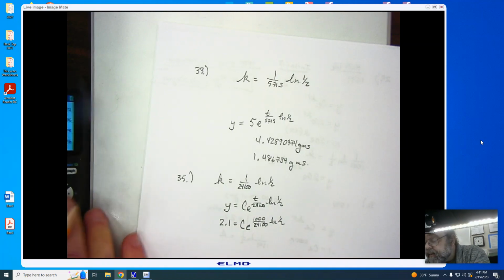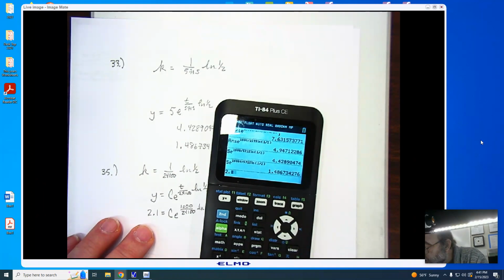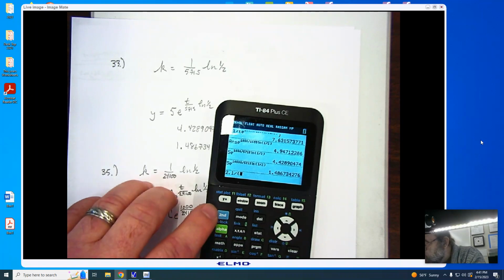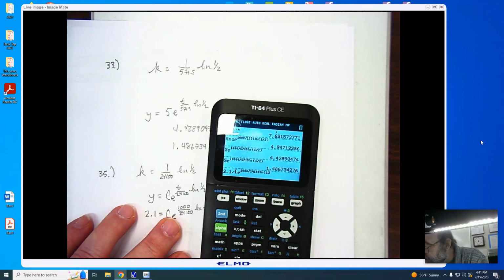Now I'm going to divide. So I'm taking 2.1 and dividing by e to the power of 1,000 divided by 24100 natural log of 1 divided by 2.